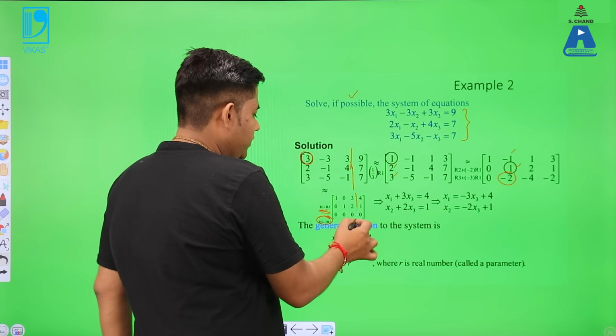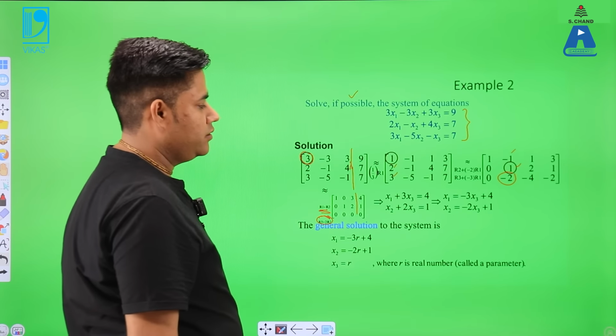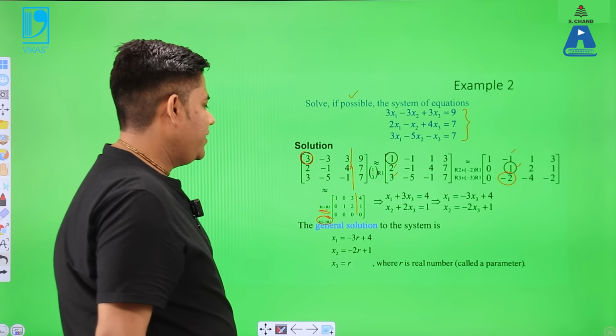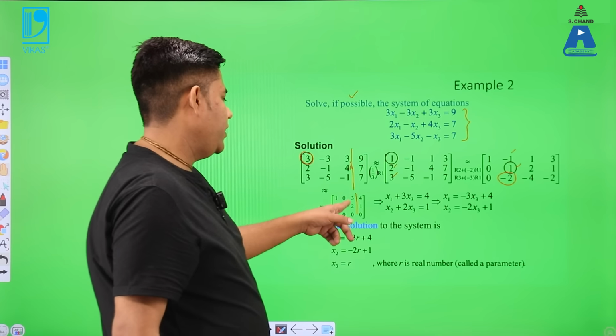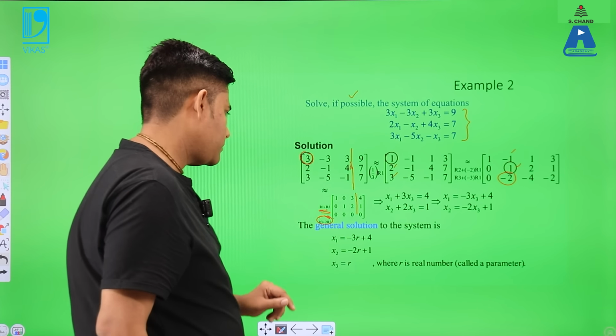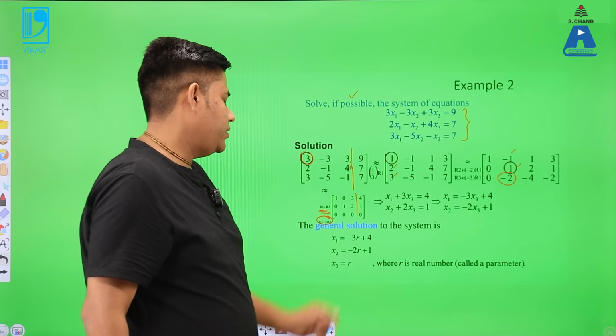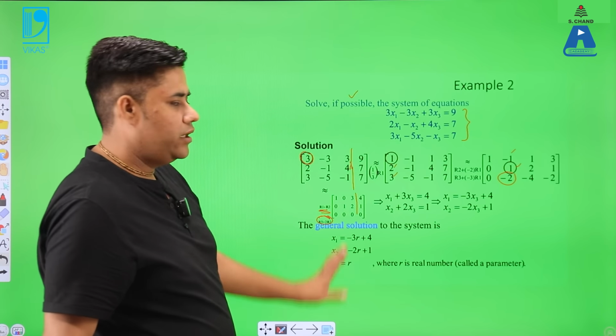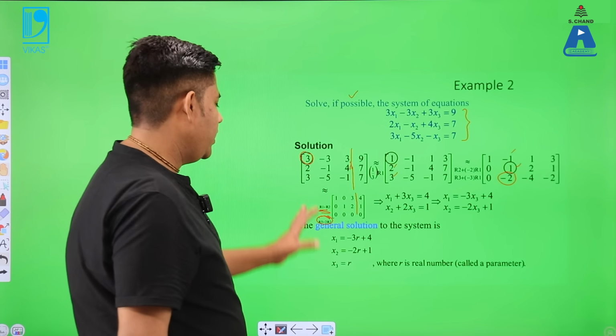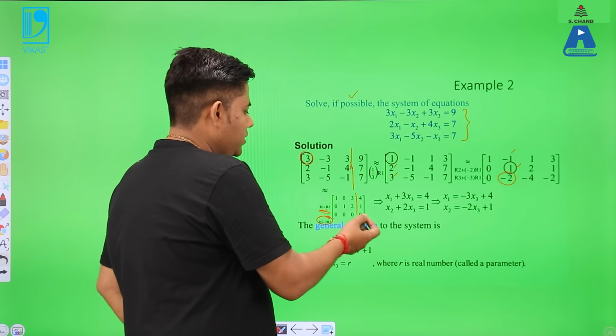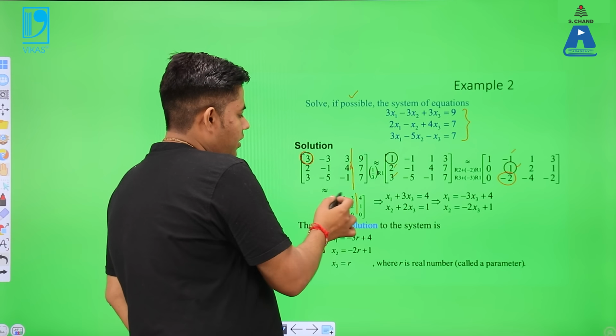Now after getting this final matrix, it cannot be reduced any further, because if I apply any row operation, this sequence may change. So I don't want to lose my echelon form here. So what I can do is use the equations to solve.